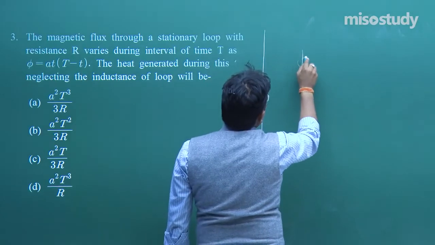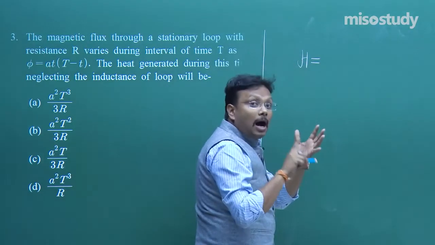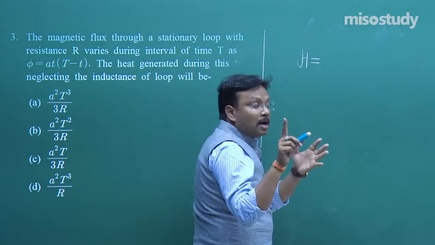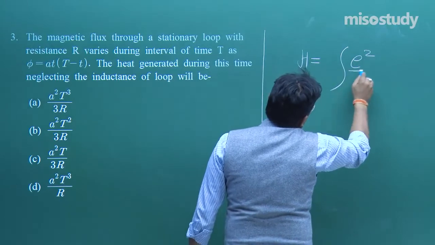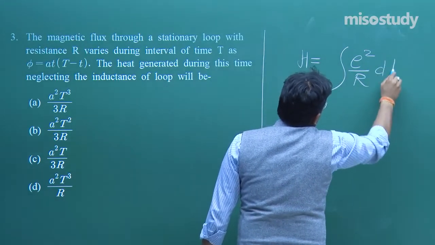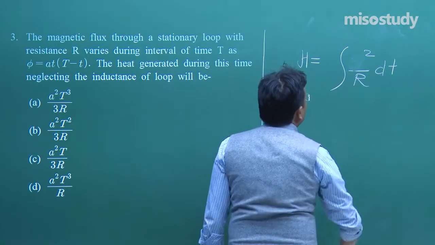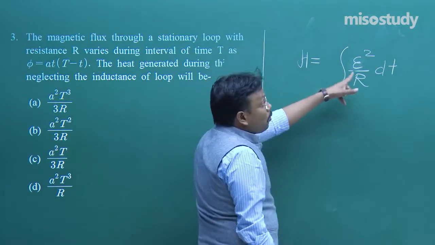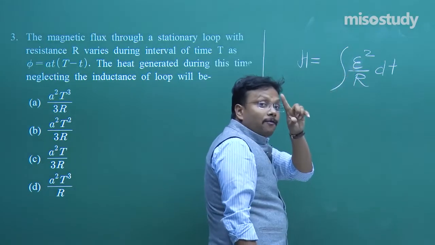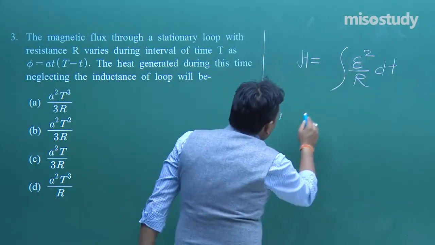So heat H is equal to how much? I mentioned I square RT. Let's change this formula slightly and mention it as E square upon R dt. I think you should not get confused. So let's say this way. What is the meaning of this? D phi by dt, so square of that ultimately.